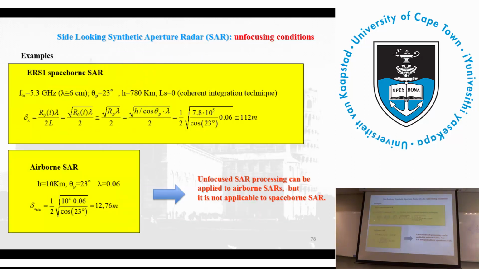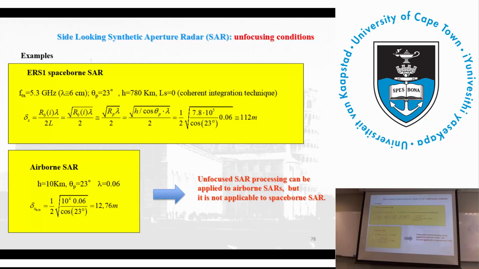And if you look at the maximum resolution that you will obtain, it's 112 meters. So that tells you the value of L will be so short that your resolution on the ground is 112 meters, which is not good enough.